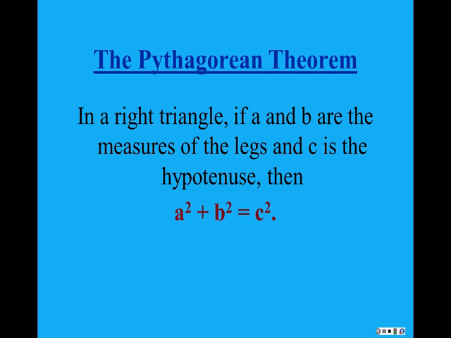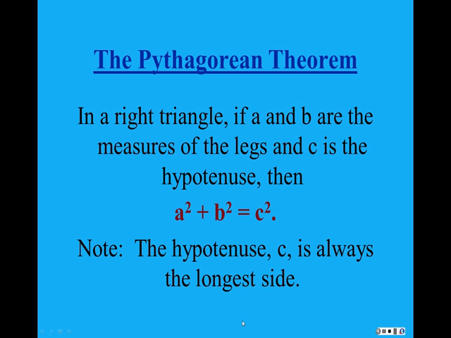You did it with your triangle theory. Okay? A is your height in your triangle, and B is your base. C is the diagonal or the hypotenuse, which is opposite your right angle. It's always the longest side.